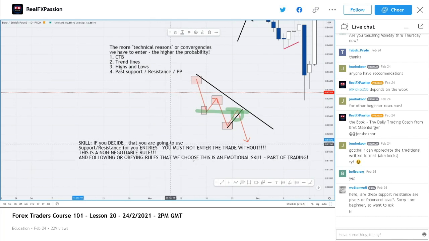This is one of the reasons why 90% of traders are not making it, because today they are using stochastic, tomorrow they are going to use the crown, on Friday Ichimoku, on Sunday when the market is closed the Fibonacci. It's always something different. They don't have a clear set of rules.